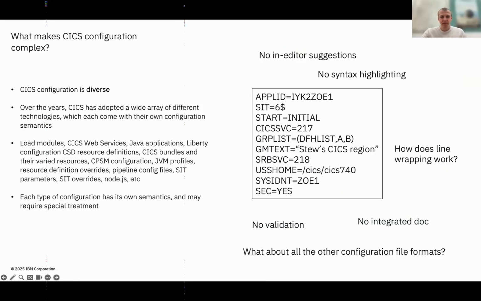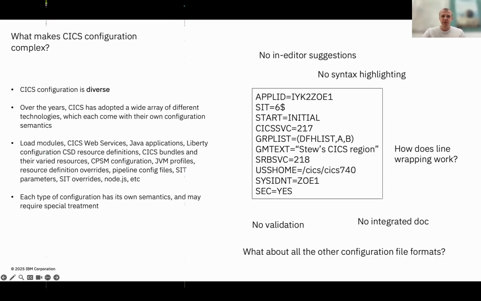What makes this so complex is how diverse it is. There's a bunch of different parts that you have to configure for your CICS region: your JVM profiles, your CSD resources and definitions, your CICS bundles, your JCL scripts, and each of these comes with its own semantics and its own understanding to get that piece to work.